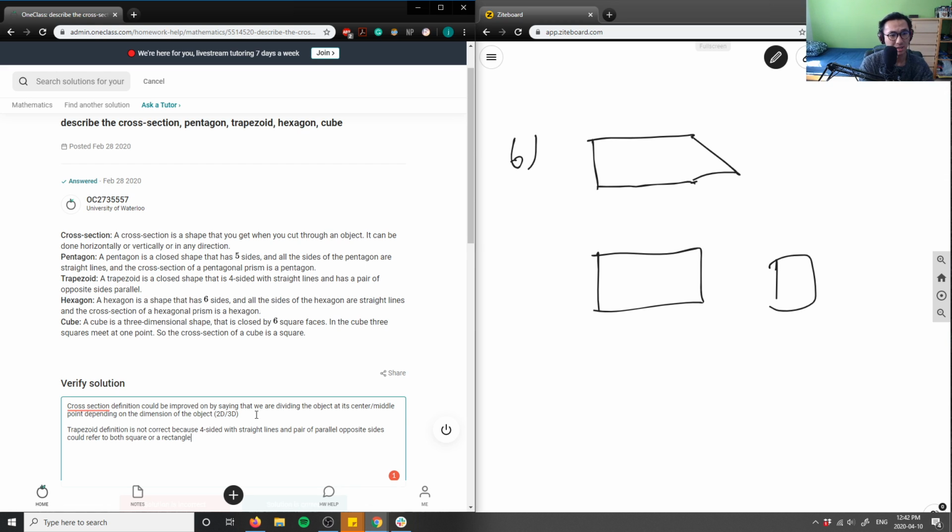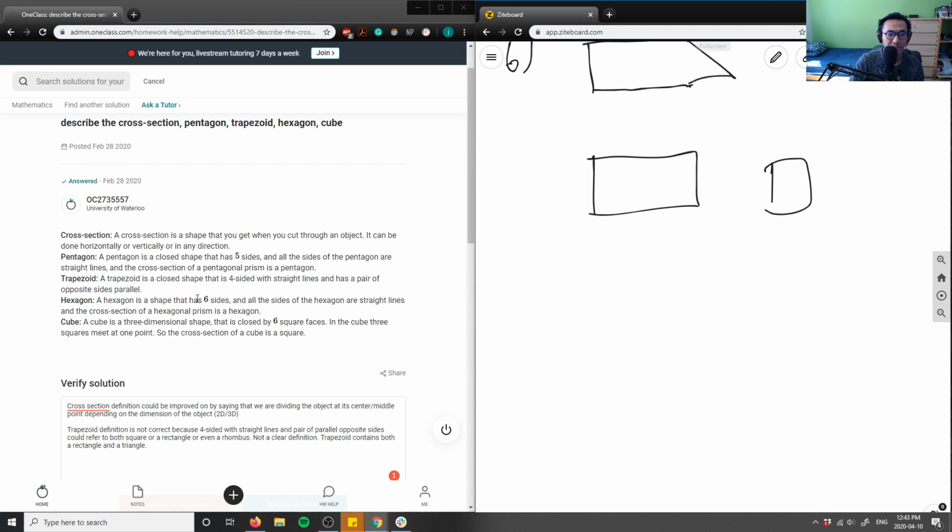A rhombus has parallel opposite sides. So again, this is not a clear definition. So they need something like a trapezoid contains basically a rectangle and a triangle, or contains both a rectangle and a triangle. So this is not the greatest definition. Sorry, University of Waterloo, unfortunate.